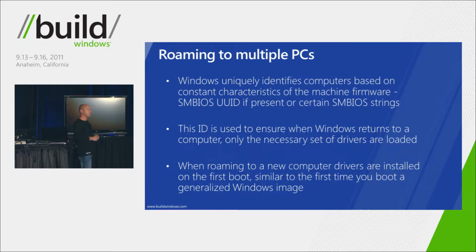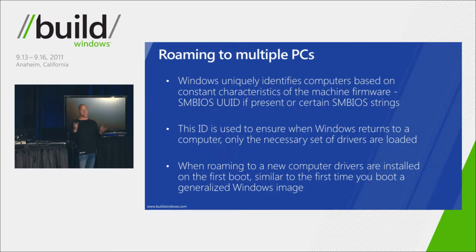Roaming. This has been another issue where in the past you would have come into problems when you roam from one machine to another. What we've done here is enable the ability to go to a PC. We identify that PC uniquely through the firmware. We then enumerate all the drivers and devices for that machine.